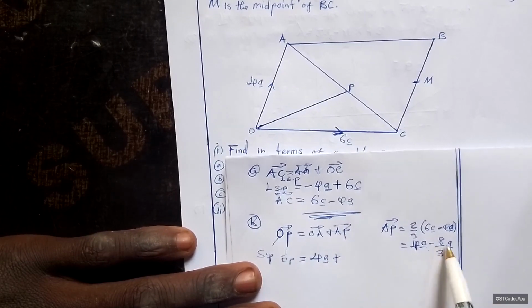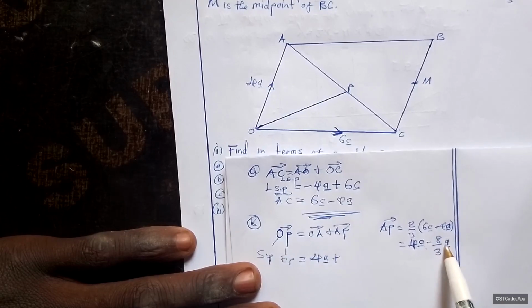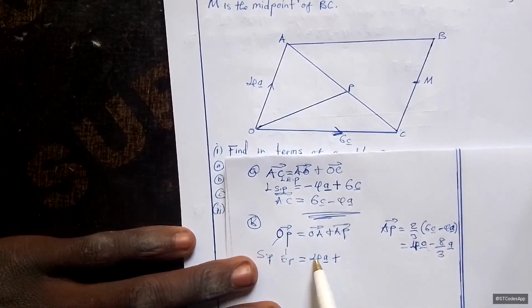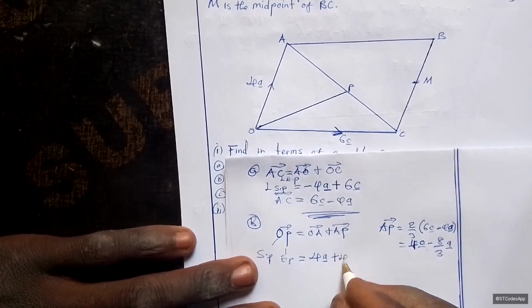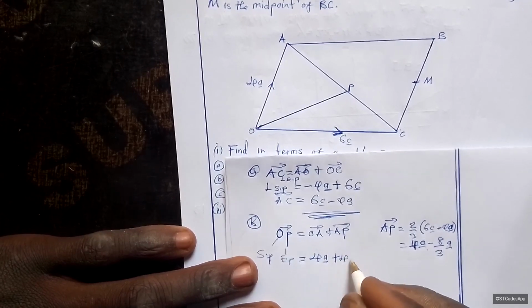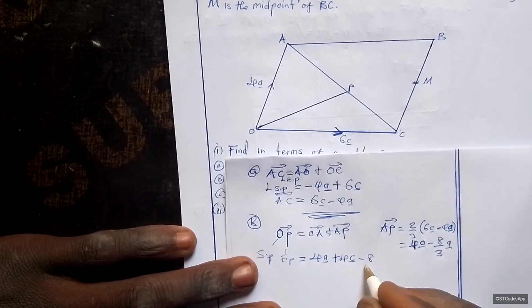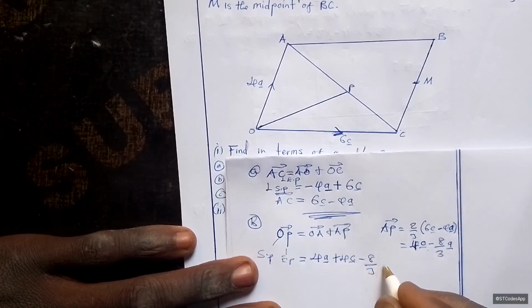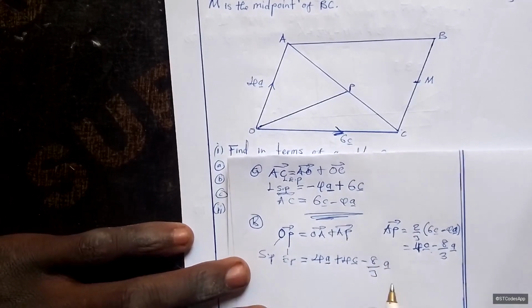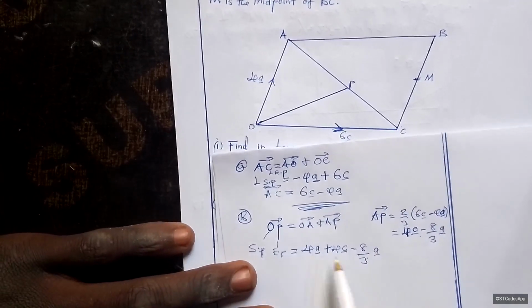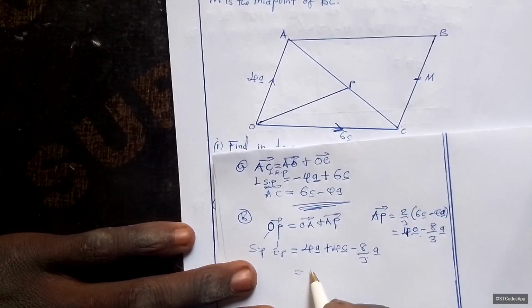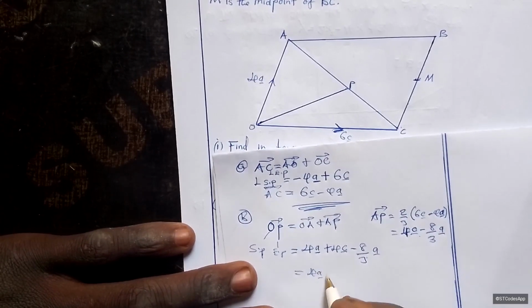Since I know that negative 8 over 3 a vector and 4a vector are like terms, here I'm going to say plus 4c vector minus 8 over 3 a vector. Like they were saying, these two are like terms. So I'm going to say 4a vector minus 8 over 3 a vector plus 4c vector.